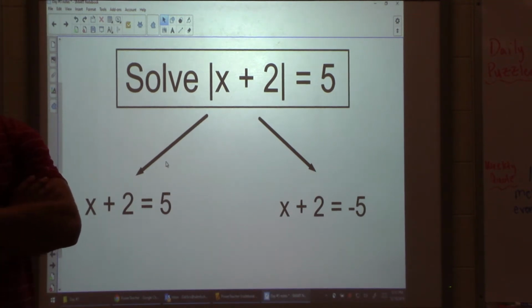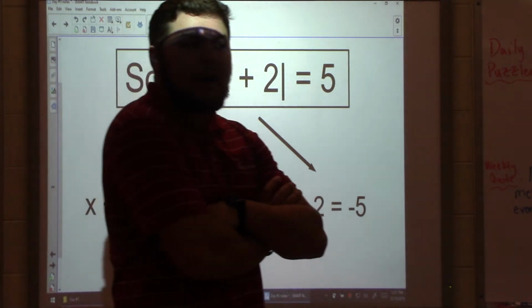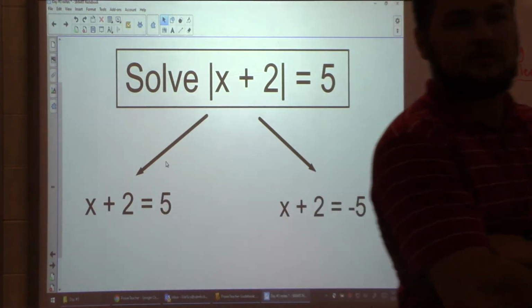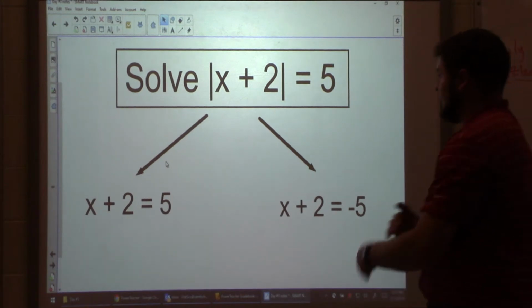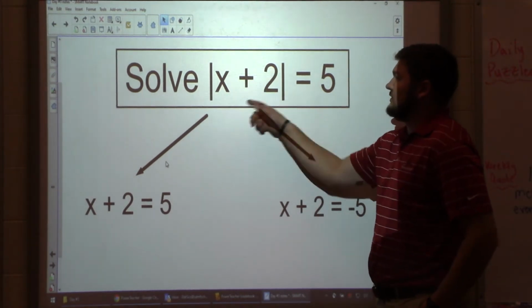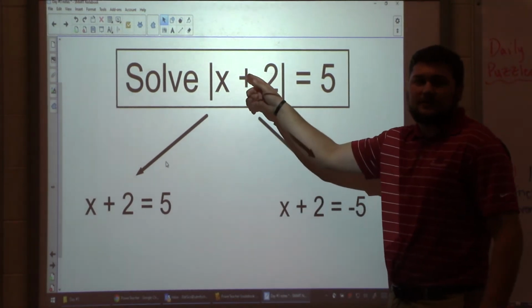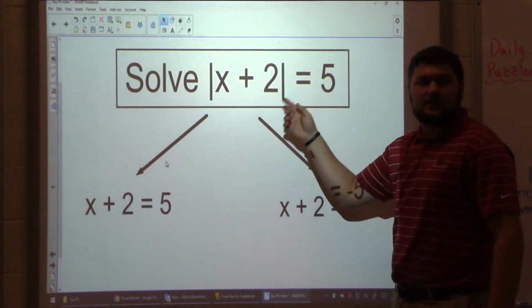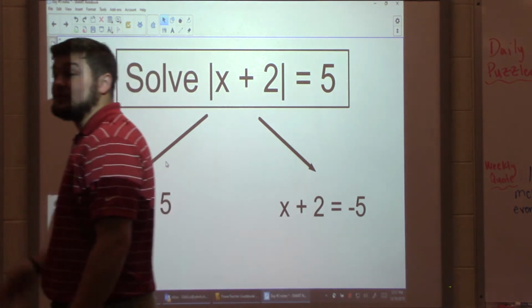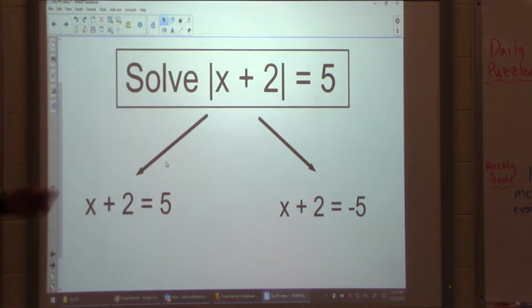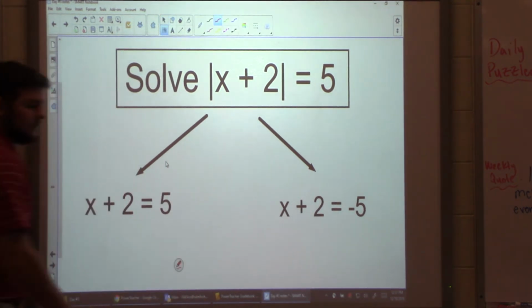Because there's always two answers, right? But why is there two answers? Sarah? You can get 5 and negative 5, because either way the absolute value can be 5. Exactly. This x plus 2 can equal 5 or negative 5, because when I take the absolute value of it, it will always be positive 5. So you're going to split it up and just solve them.